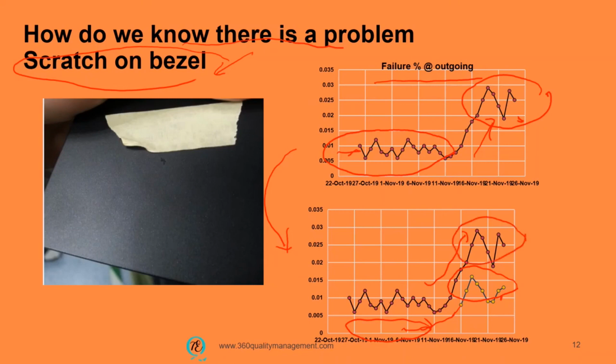With this data shown to the supplier, that during incoming inspection the scratch on the bezel was already found, they agree that this is indeed their outgoing problem, and they will come in and resolve the problem, and also look at their manufacturing line to see whether there is some kind of miss at their site.